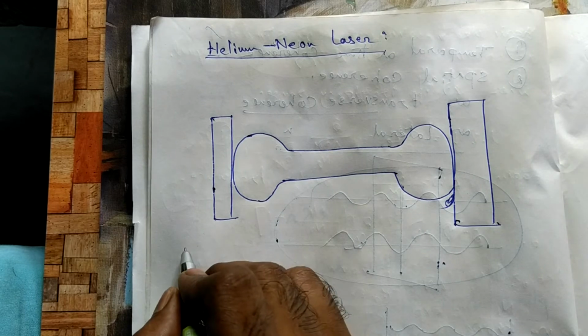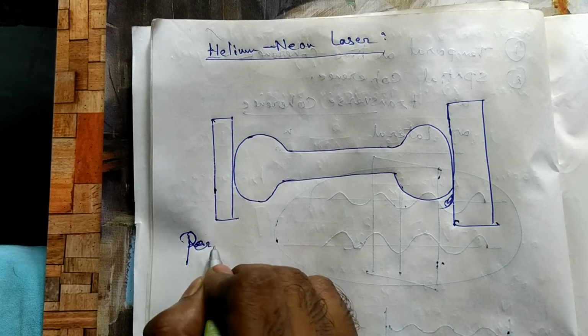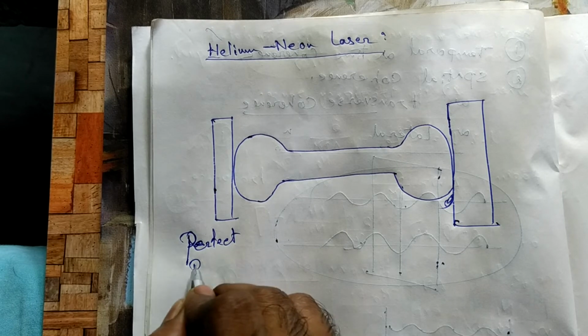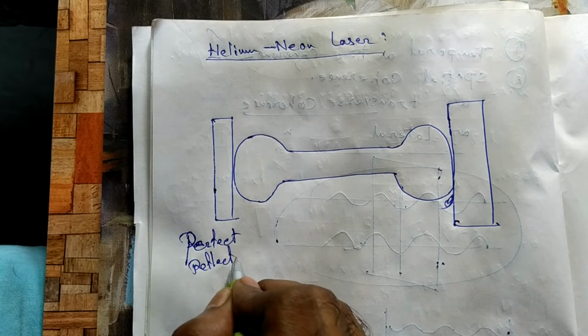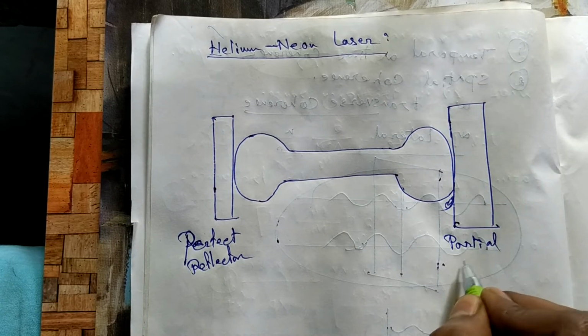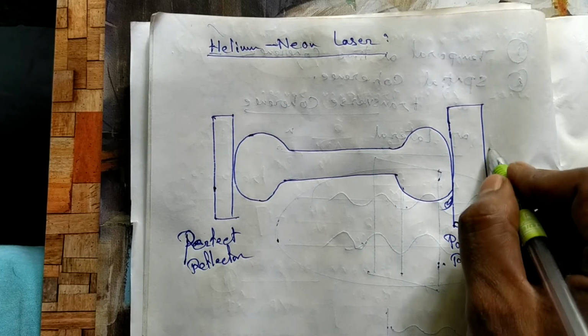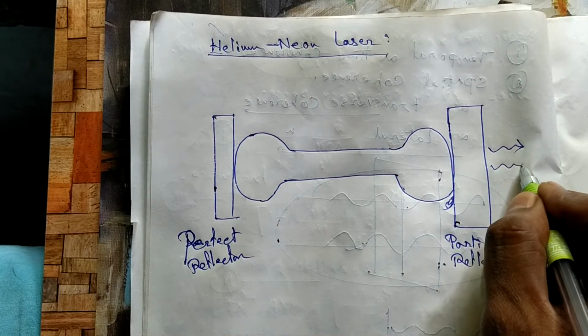This is the perfect reflector. This is the partial reflector. The laser beam is released from this section.